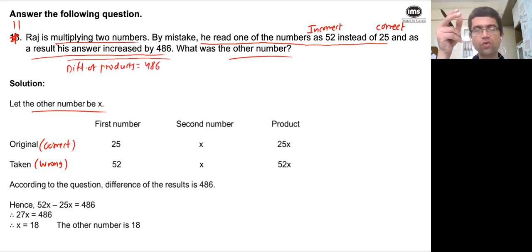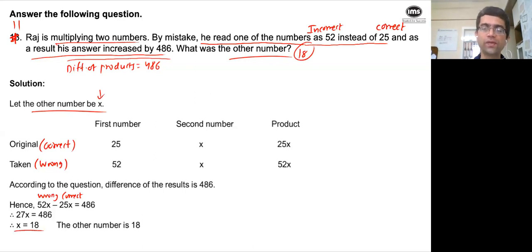Product was done in both cases, 25x, 52x. The difference should be 486. So 52x, which is the wrong product, and the correct product, 25x, their difference is 486. Solve for it. X is equal to 18. We got x, we wanted x, so the answer is 18.